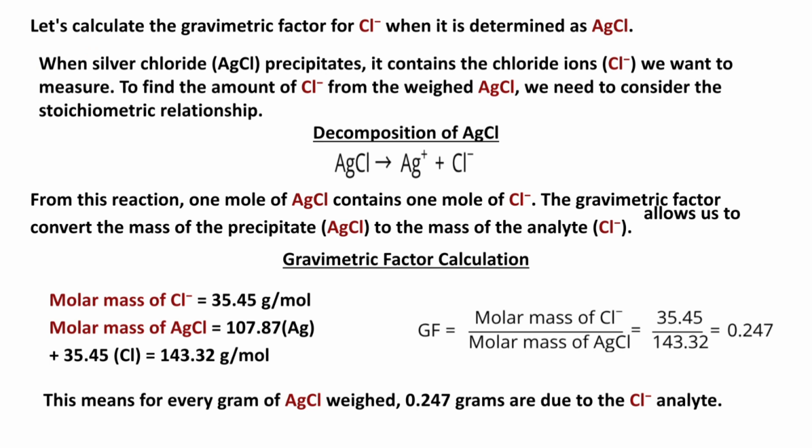So the gravimetric factor is equal to the molar mass of Cl minus divided by the molar mass of AgCl. Here a and b are 1 because the equation contains each ion with a stoichiometric coefficient of 1. So the gravimetric factor is equal to 0.247. This means that for every gram of AgCl weighed, 0.247 grams are due to the Cl minus analyte.